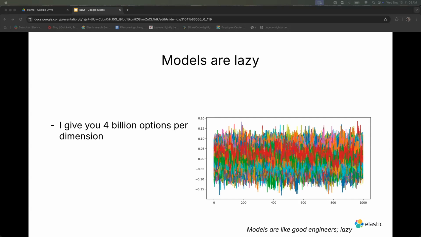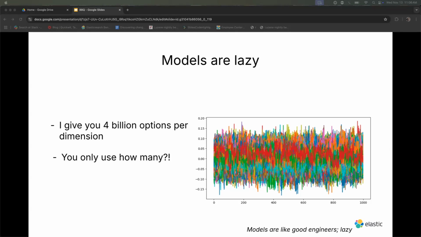These are just what the numbers are, and you can see that it's all between about negative 0.15 and positive 0.15. We're definitely not using all 4 billion options per dimension. And so we're using a very narrow window, and many transformer models end up looking like this.